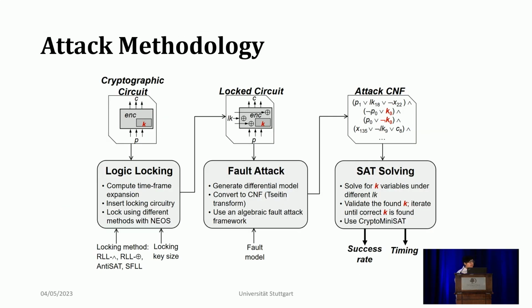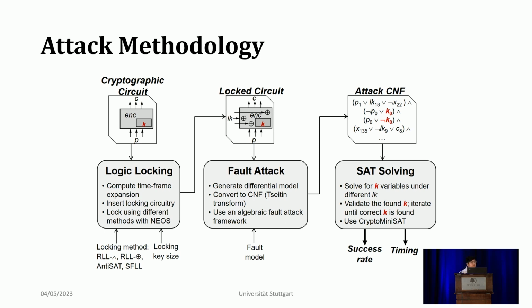So here is our overall attack methodology. We take a hardware implementation of a cryptographic primitive. The different ciphers that we have considered for this work are LED and PRESENT, which are both lightweight ciphers, and we also consider a small-scale variant of AES and the AES.